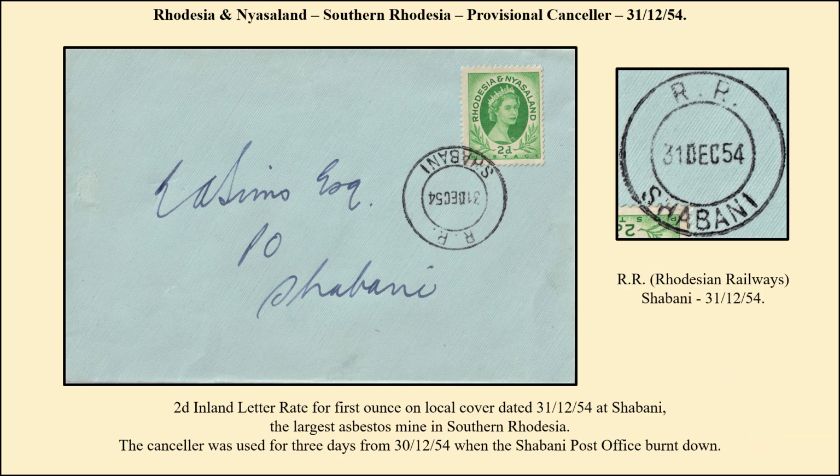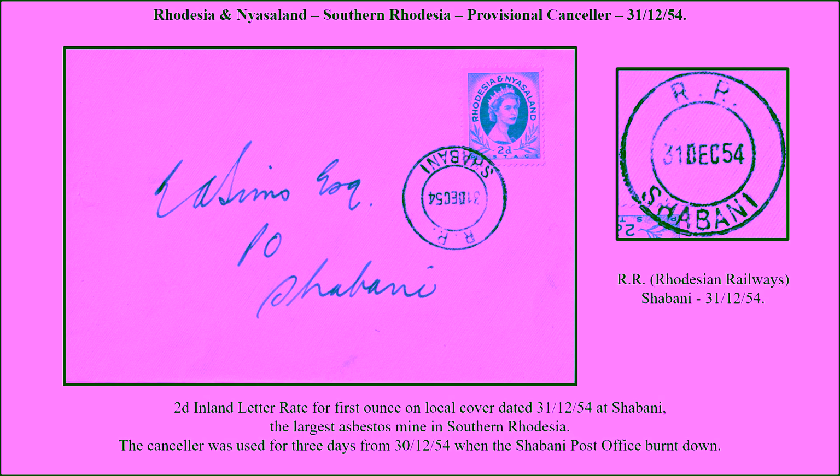Here I show one of the rarest of the CONSULARs. This was a Rhodesian Railways CONSULAR which was put into use at Shabani, which was the largest asbestos mine in Southern Rhodesia.